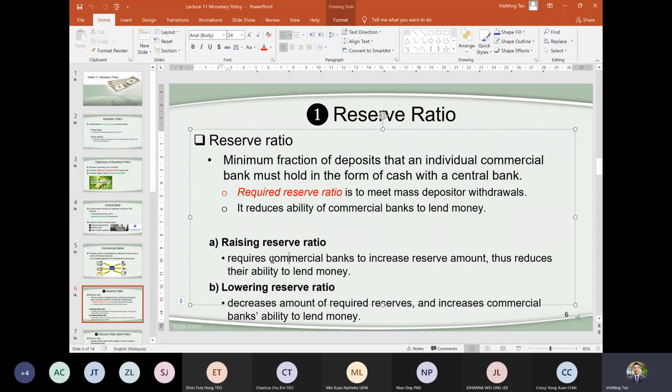They have to reserve more money in the central bank. Then what is the consequence? This is going to reduce the ability of commercial banks to lend money. So that means the money supply will reduce. So I put here: reduce money supply.